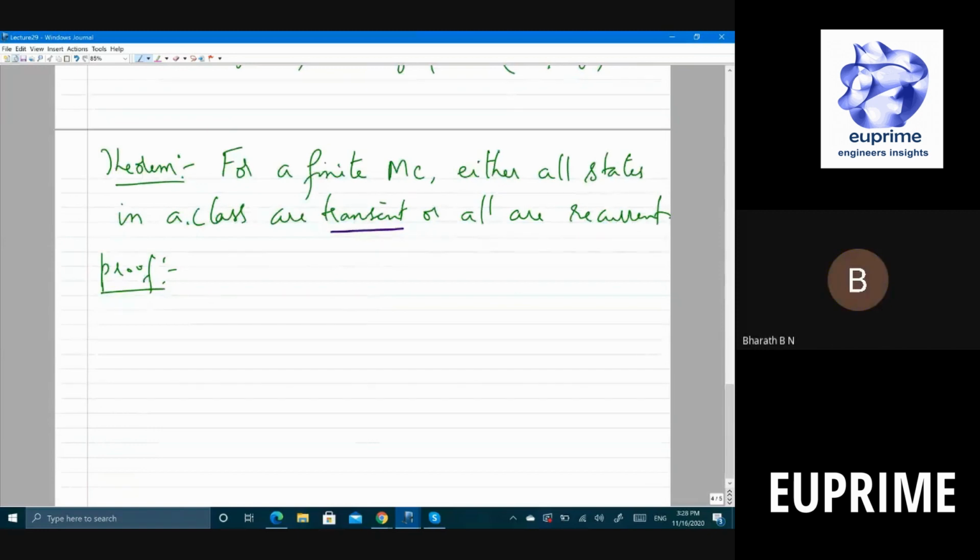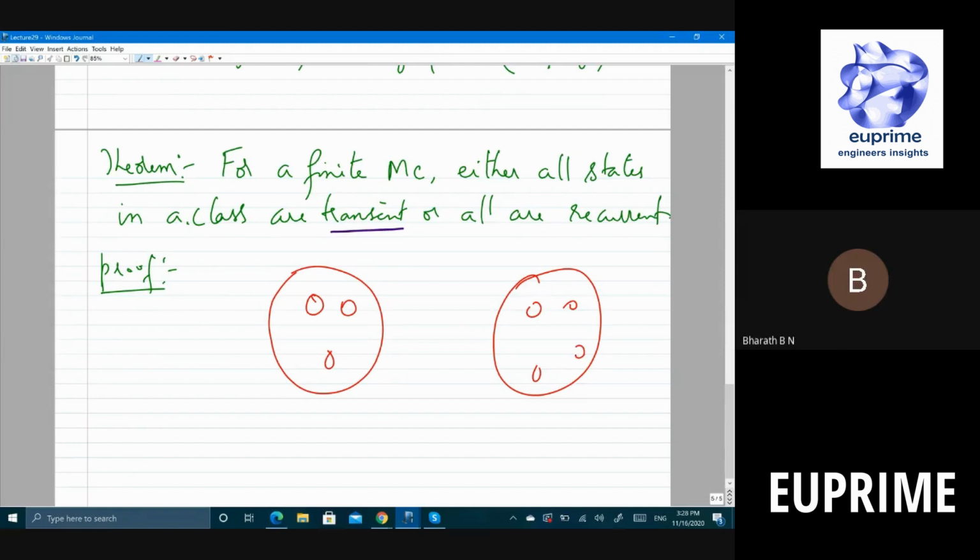Okay. So now, suppose you have a state to be recurrent. Let me draw a picture. You have some set of states here, and some set of states here. Now, if one of them is recurrent, what does that mean? If this one can communicate with anyone else, that one should also be able to communicate, right? Suppose this one can communicate with this. By definition, because it belongs to the same class, this also will be able to communicate with this one, right?